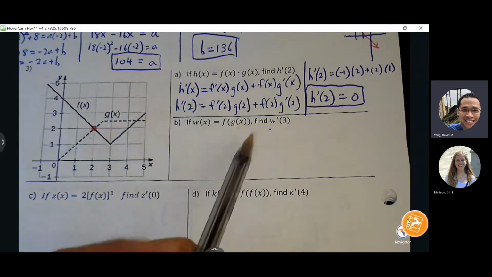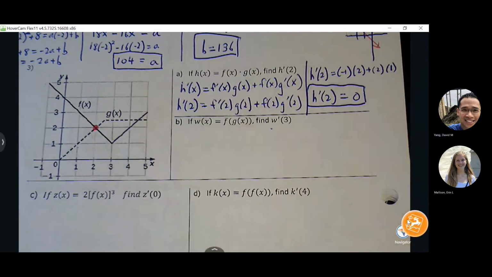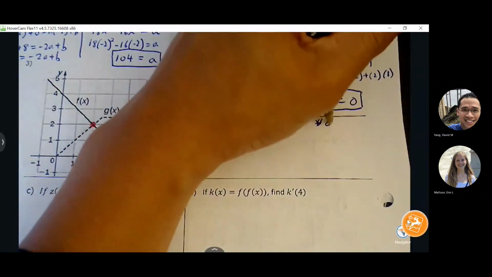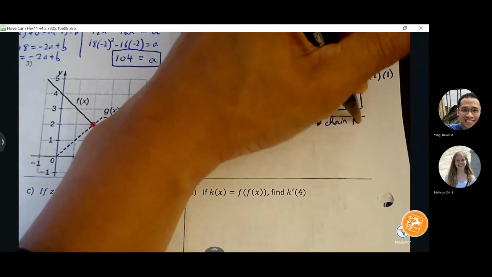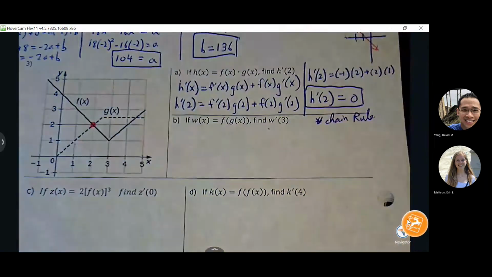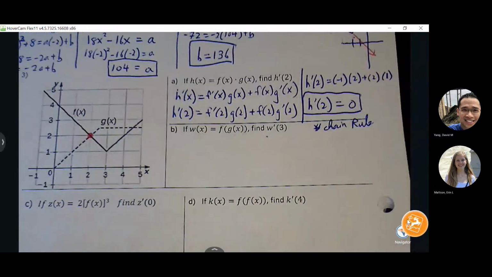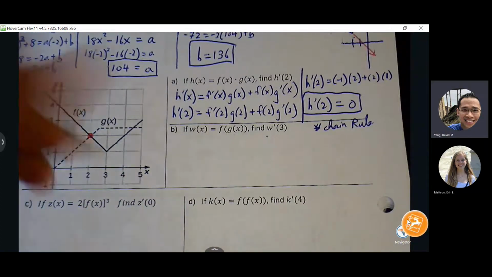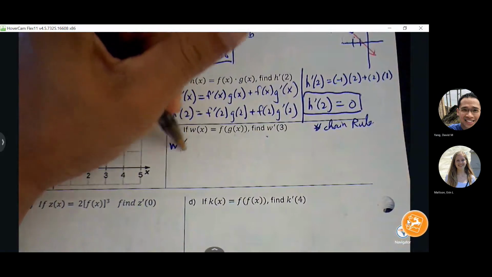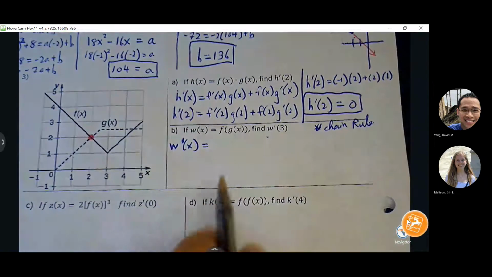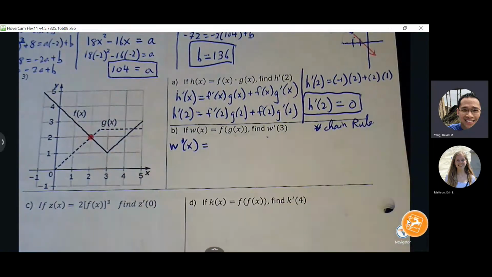Recognize that as chain rule here. So we've got to do chain rule. Chain rule says outside derivative times inside derivative.